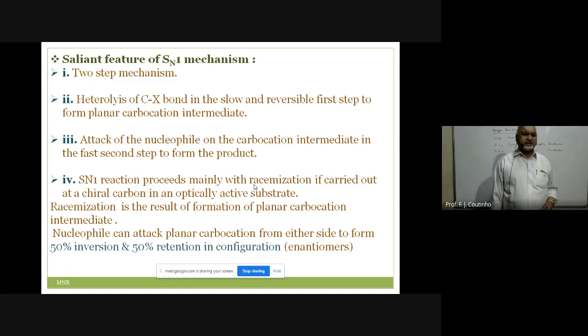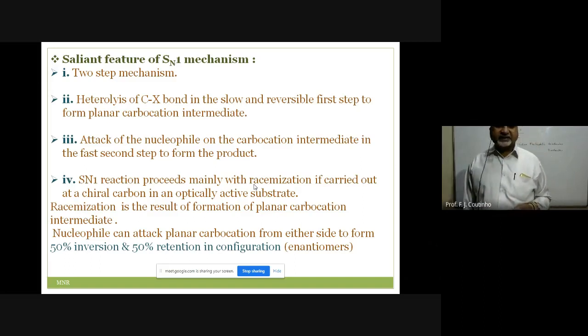So racemization is the result of formation of a planar carbocation intermediate. The nucleophile can attack the planar carbocation from either side, left, right, top or bottom. You can have 50% inversion in configuration and 50% retention in configuration.